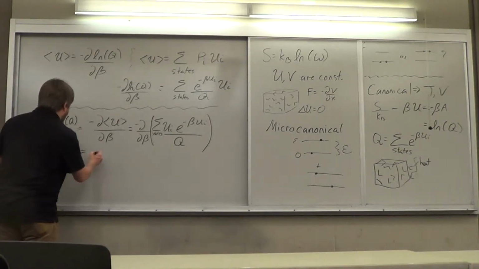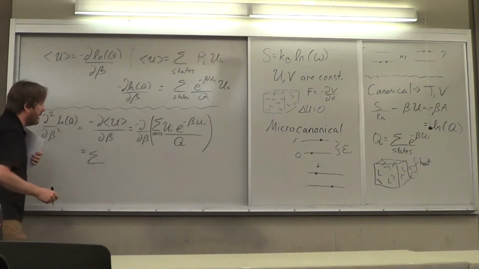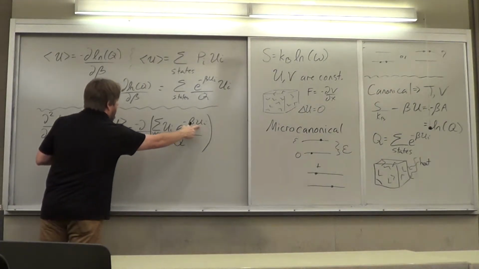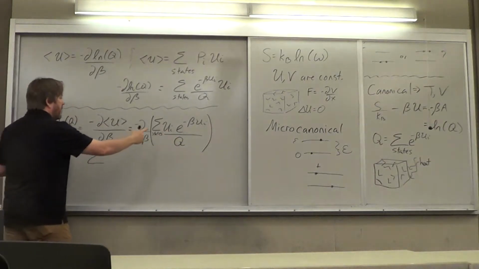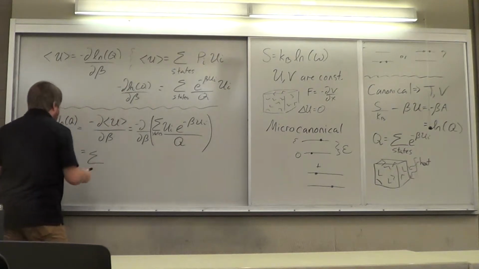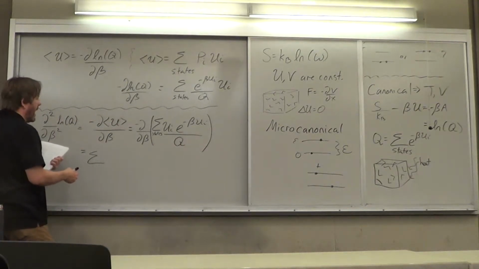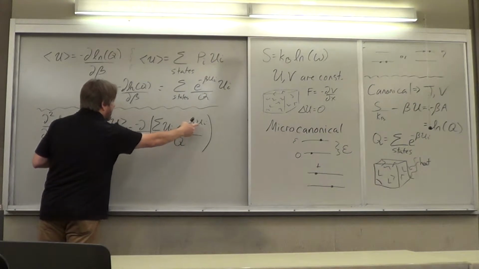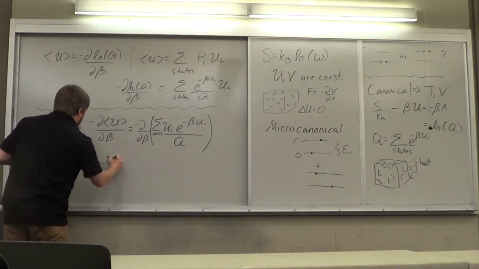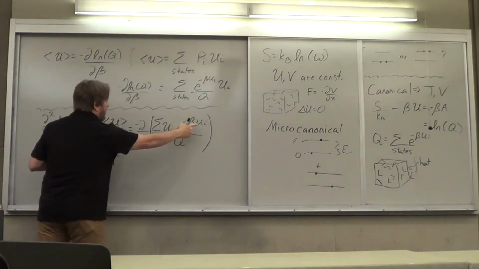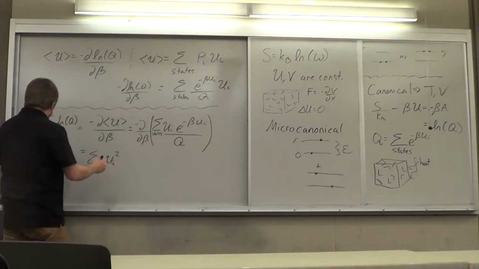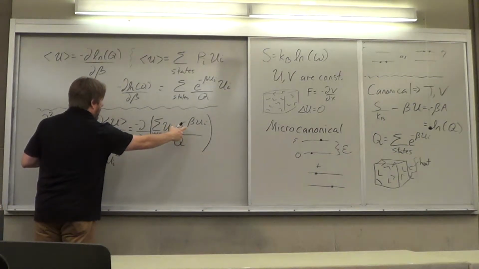So, derivative with respect to beta. First thing to write is the sum over states. What I'm going to do is take this down: e to the ax, the derivative with respect to x just brings down an a. Beta is my variable, so I'm bringing down a minus u, which gives u sub i squared, this times that, and the minus signs cancel.